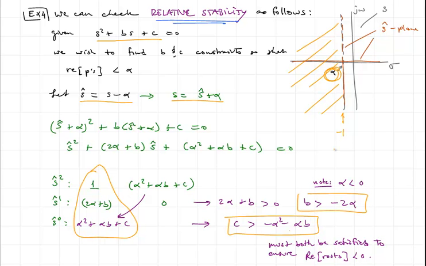And then C has to be greater than minus alpha squared minus alpha B. So you see here that we can check the relative stability, although all we're really doing is testing whether all of the poles are to the left of a vertical line equal to alpha.